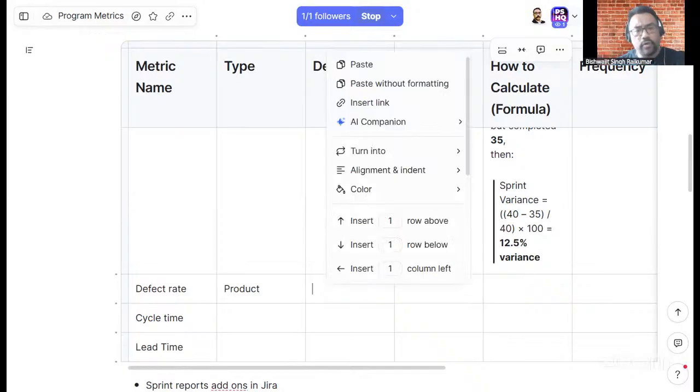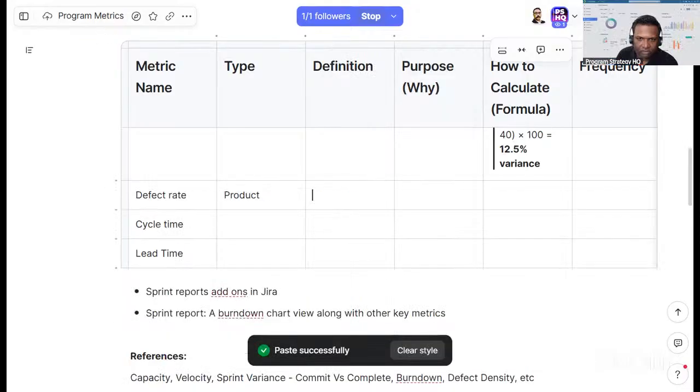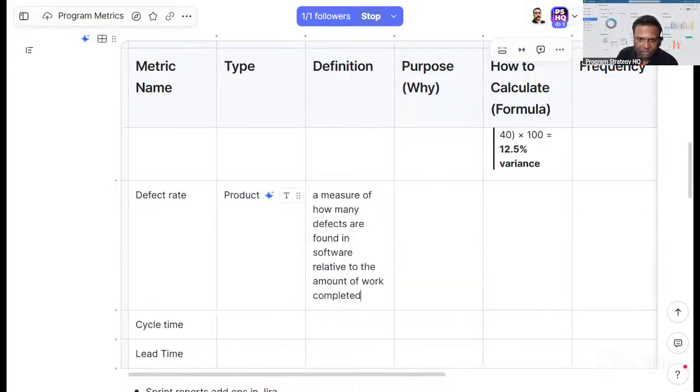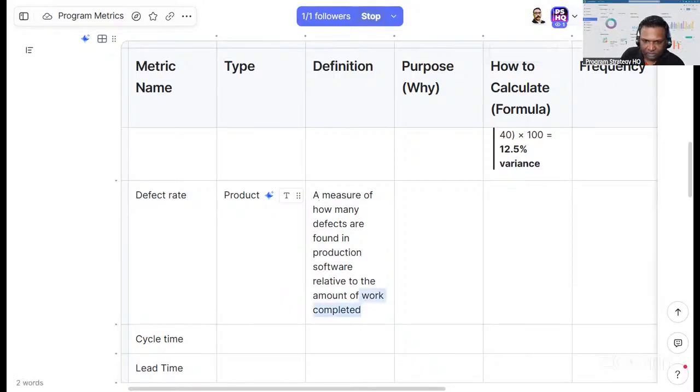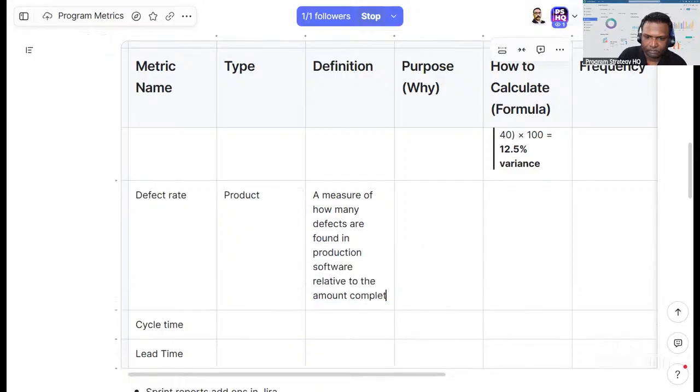There is also a formula to calculate that. This is the definition I found: a measure of how many defects are found in production software, related to the amount of work completed. It could also be during the sprint. So for us, we will take the amount of work completed in a sprint.